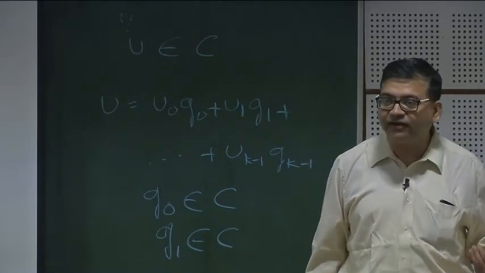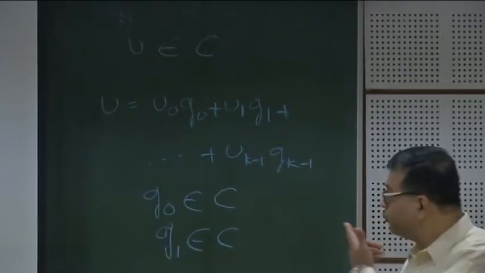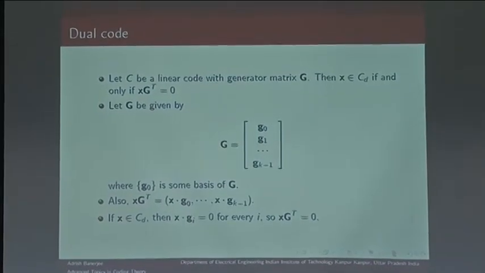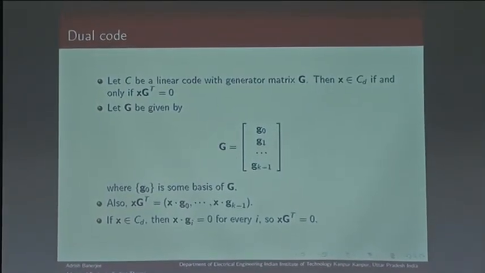So, if these are valid code words of the linear block code C, then they should be orthogonal to the code word which belongs to the dual code. This is from the definition of dual code. So, that is why X dot Gi is 0. All of these are 0. So, what we get is X G transpose is 0. We know that if X is a valid code word, then X H transpose is 0. So, essentially you can see that G acts like a parity check matrix for the dual code.